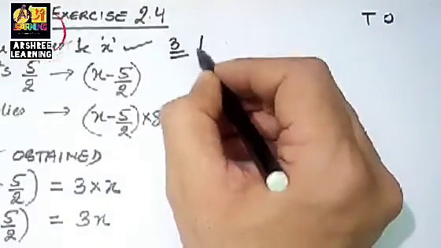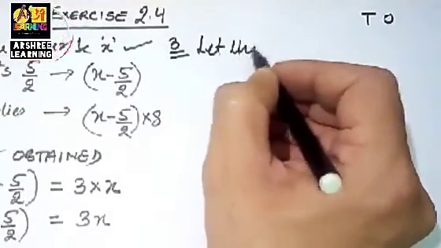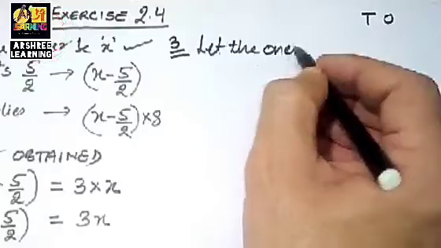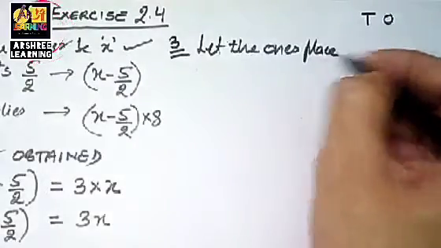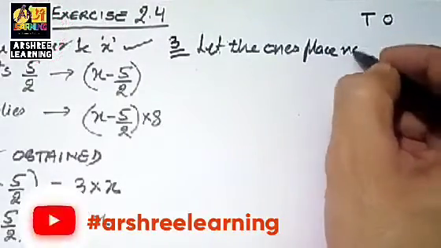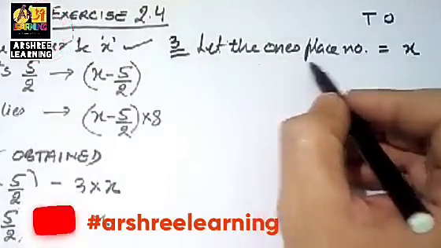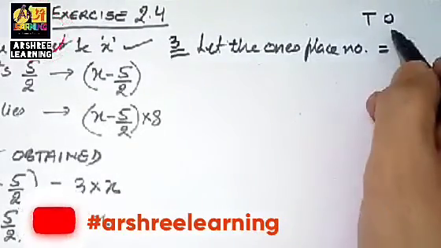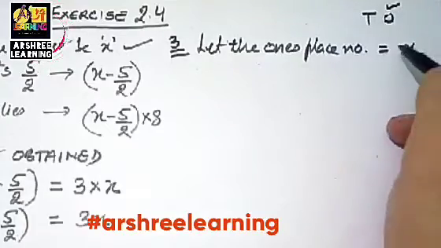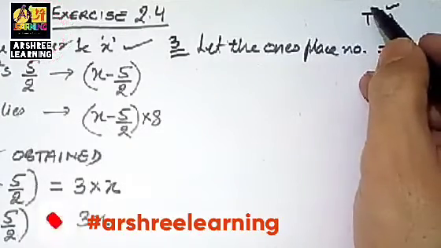So I will suppose, let the ones place be x. So one digit I have supposed. Now I will get the next digit, that is the tens number.